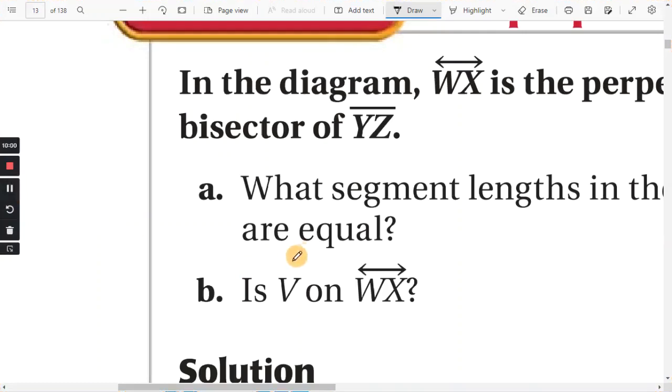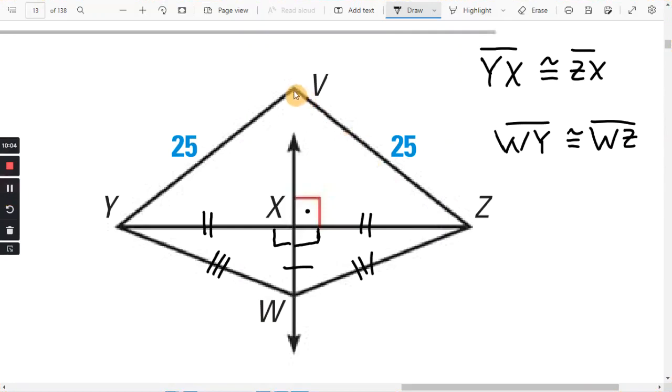Part B, is V on WX? Let's see. This point here, is that on WX? Absolutely. We said in the previous theorem, if a point is the same distance to both endpoints, so we can see right here is 25 and right here is 25, this point is the same distance from Y to Z, then that means that point is going to be on the perpendicular bisector.